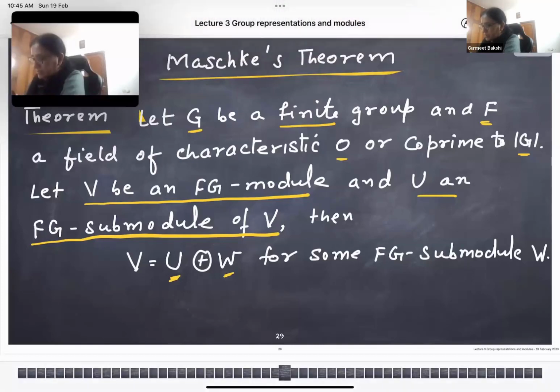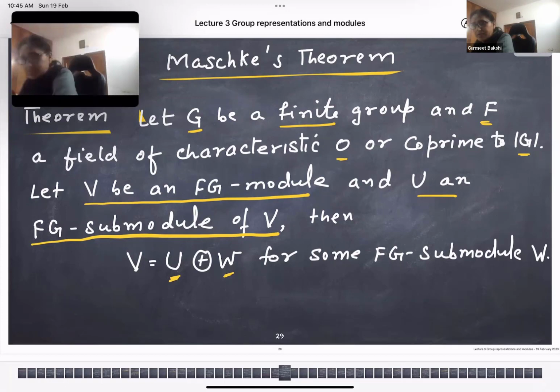All right, so let's prove this. If every FG module has this property, then it is actually Maschke's theorem that these are also necessary conditions, that the characteristic of F is 0 or co-prime to the order of G. But I am just doing the sufficiency, that if this happens, then you can decompose.